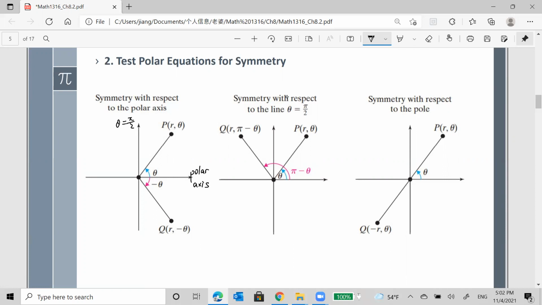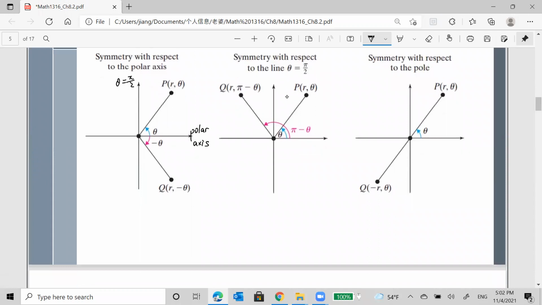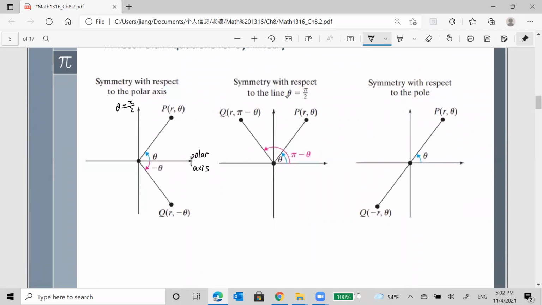If the point is symmetric to the polar axis, that means the polar axis is like a mirror. So this point has another point here that is symmetric across this line. So if I have an equation or a function in the polar system, and I say the graph is symmetric to the polar axis, the graph may be like this, for example.